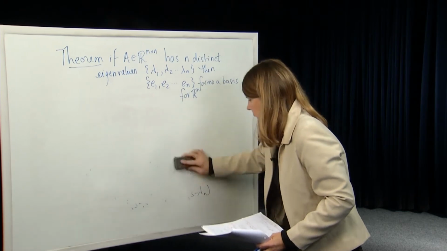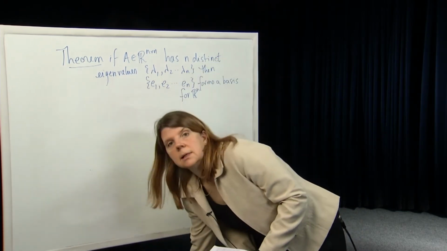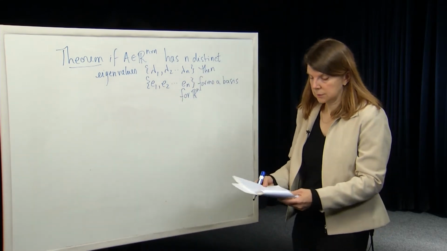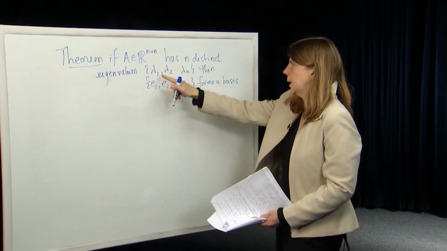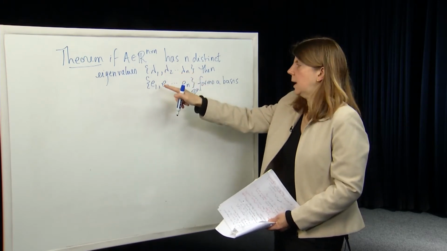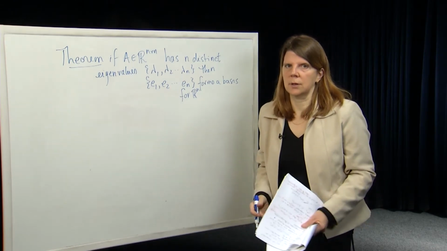We write out what the result of having n distinct eigenvalues of the matrix A is. We can prove it by saying, suppose we have n distinct eigenvalues, but now suppose these eigenvectors are not linearly independent, and we can derive a contradiction.